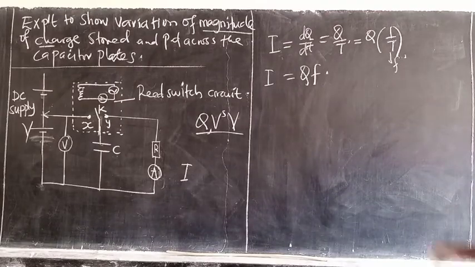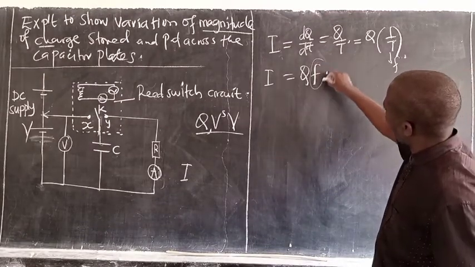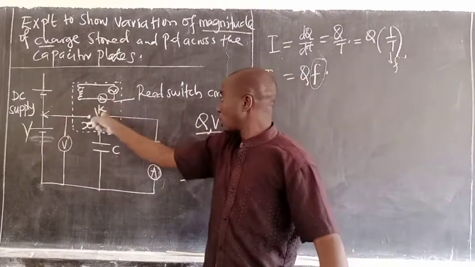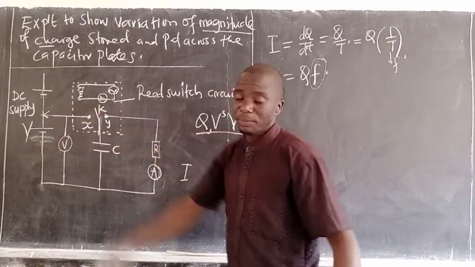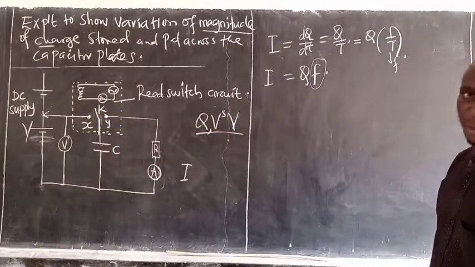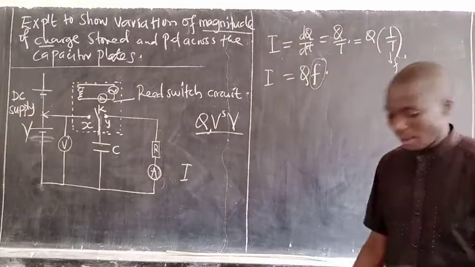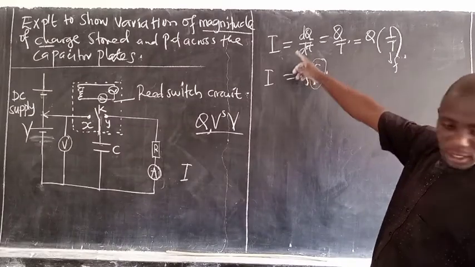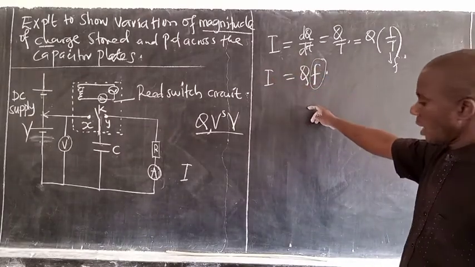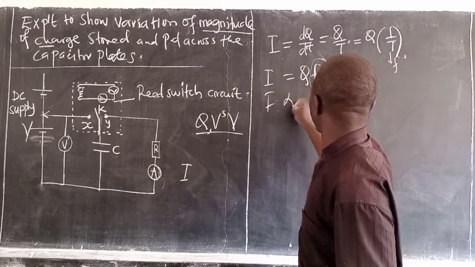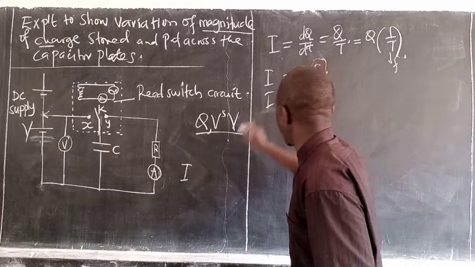But we are saying that this frequency of vibration of the reed switch, which makes this one vibrate, is constant because it is activated at a suitable constant frequency F. So since that one is constant, it is showing us that I is proportional to the charge Q.